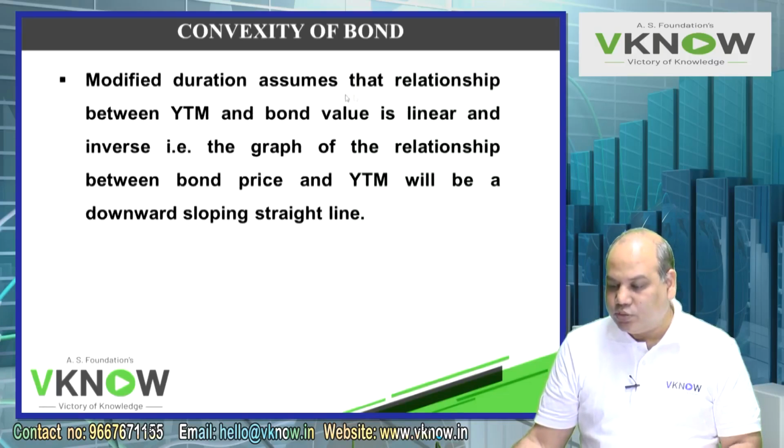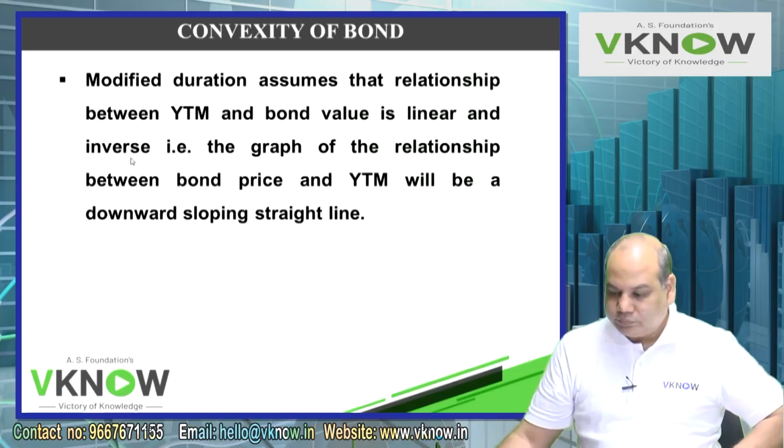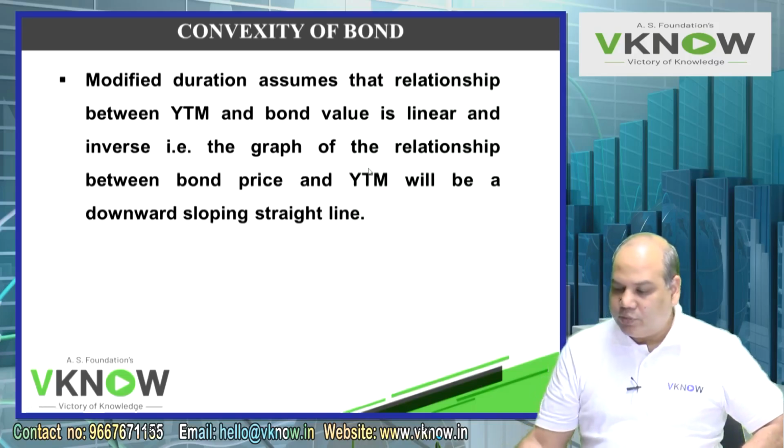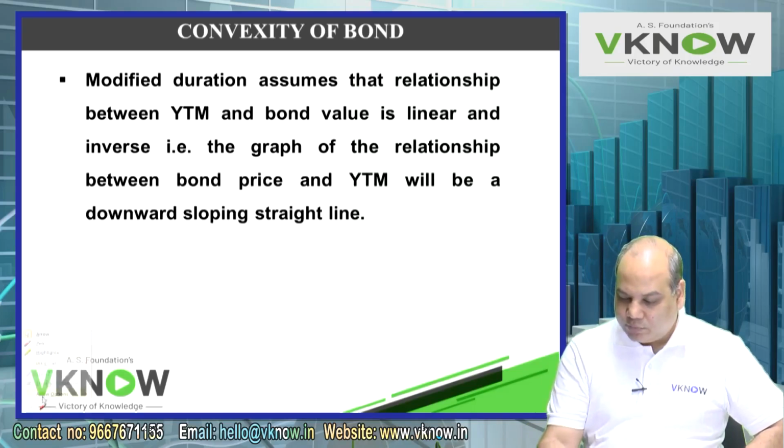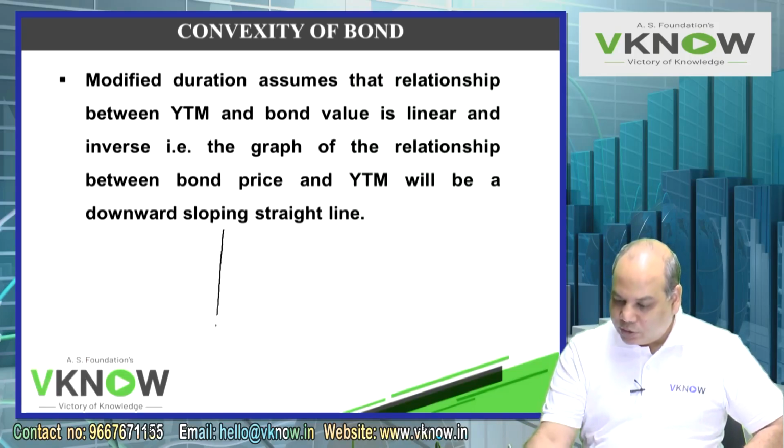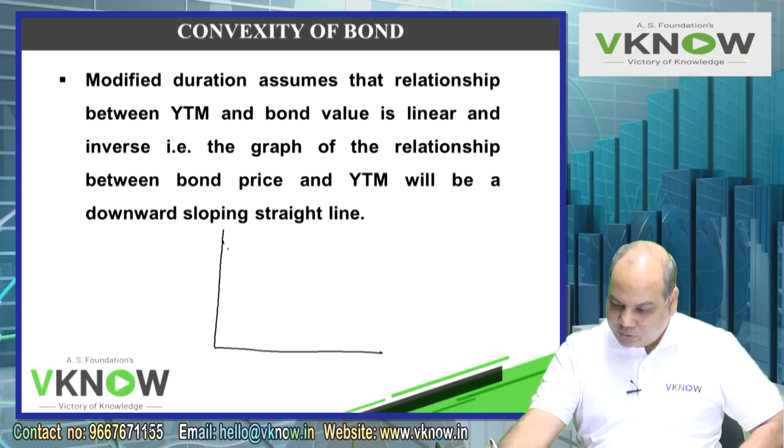Modified duration assumes that the relationship between the YTM and the bond value is linear, meaning a straight line, and inverse. The graph of the relationship between bond price and YTM will be a downward sloping straight line.